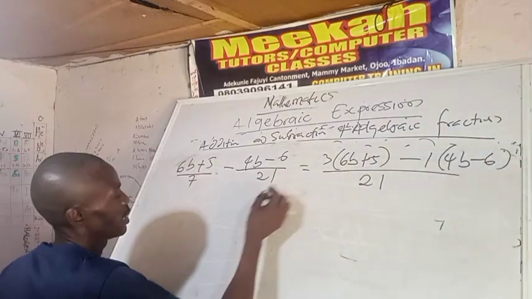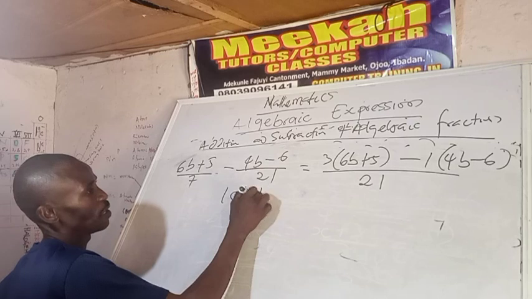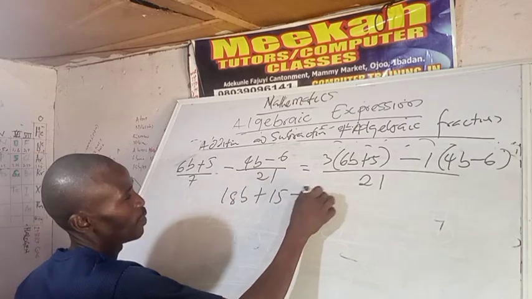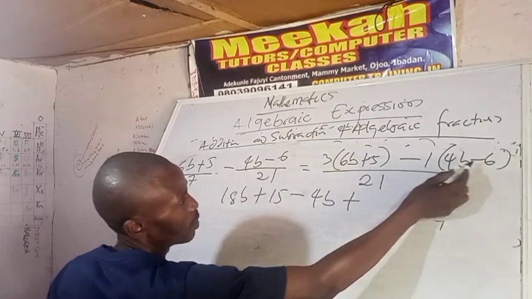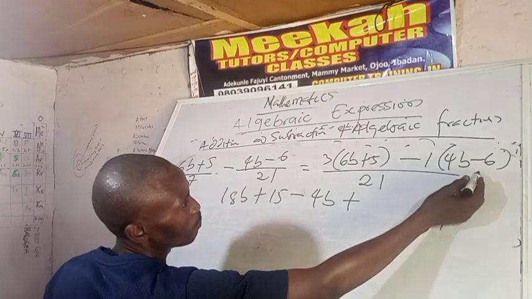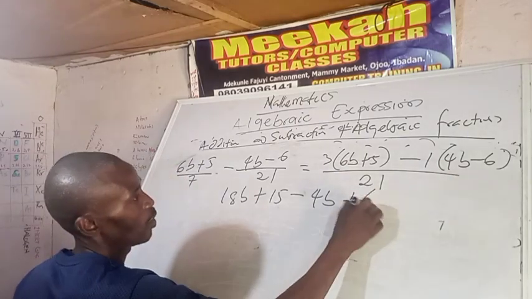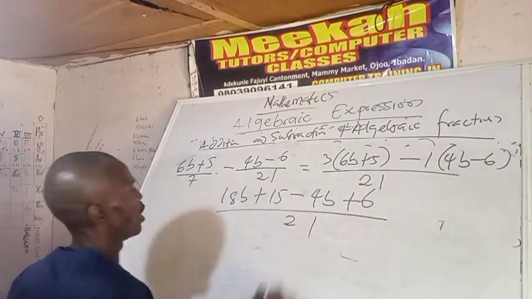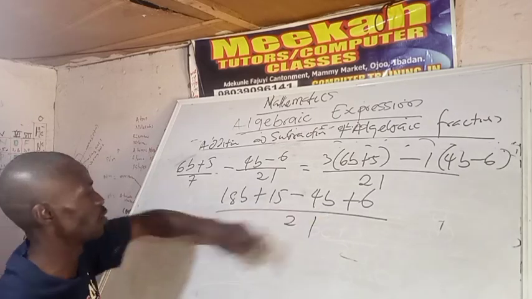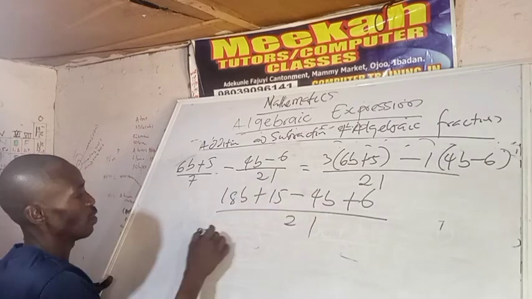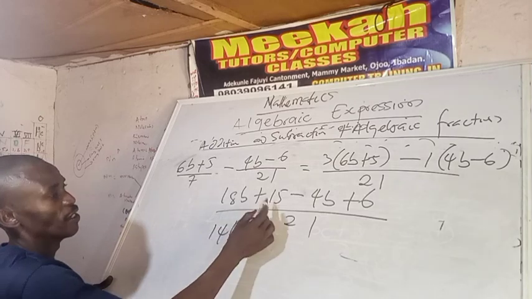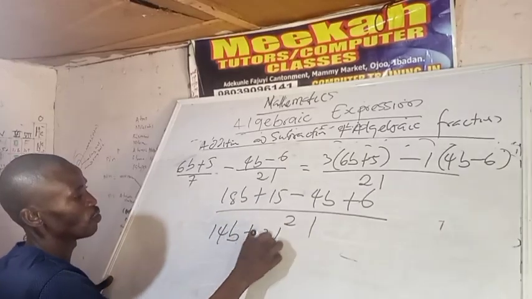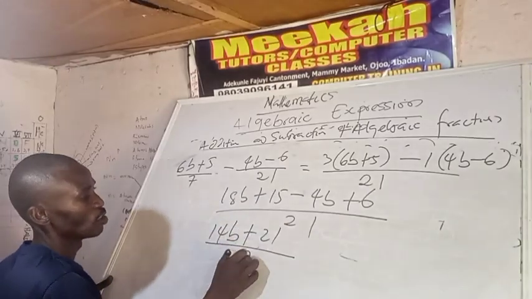Now, 3 times, what do you have? 18b plus 15 minus 4b plus 6 over 21. 18b minus 4b, 18 minus 4, what do you have? 14b. 15 plus 6, 21 over what? 21.